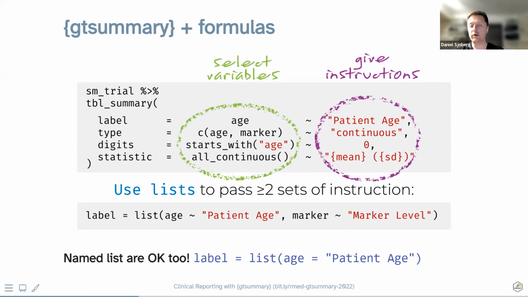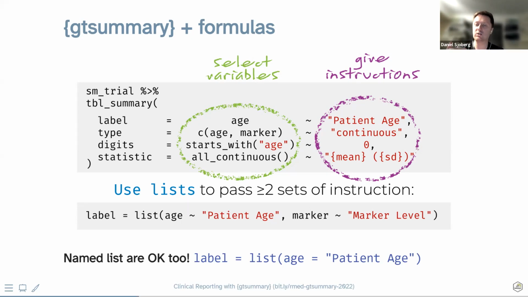So all underscore continuous is going to select all of the continuous variables. So that's very helpful when, rather than reporting the median IQR, you want to report the mean and standard deviation for every single continuous variable in your table. So you can just do that in one line rather than saying, age, do this, marker, do this, keep on going and going, because it can be quite a few.